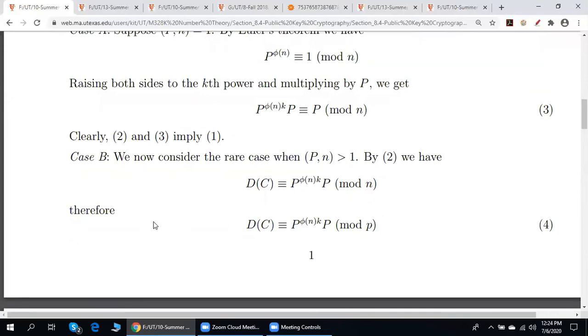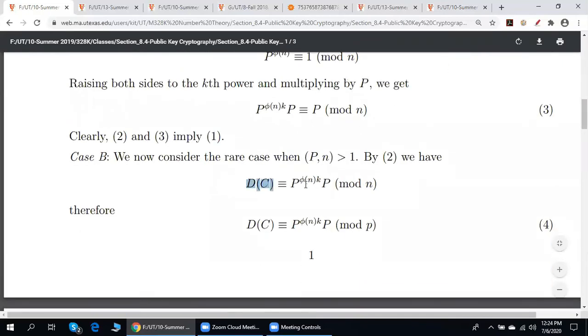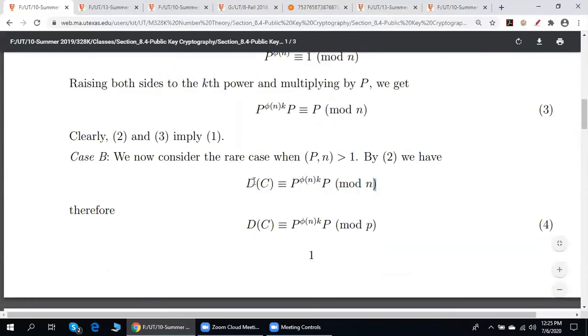So here is what we do. Once again, step 1, copy this. The left-hand side is over here. The right-hand side is over here. We have this. Here is what we do next. So what is written here means the following. By definition of congruences, this minus this is divisible by n.